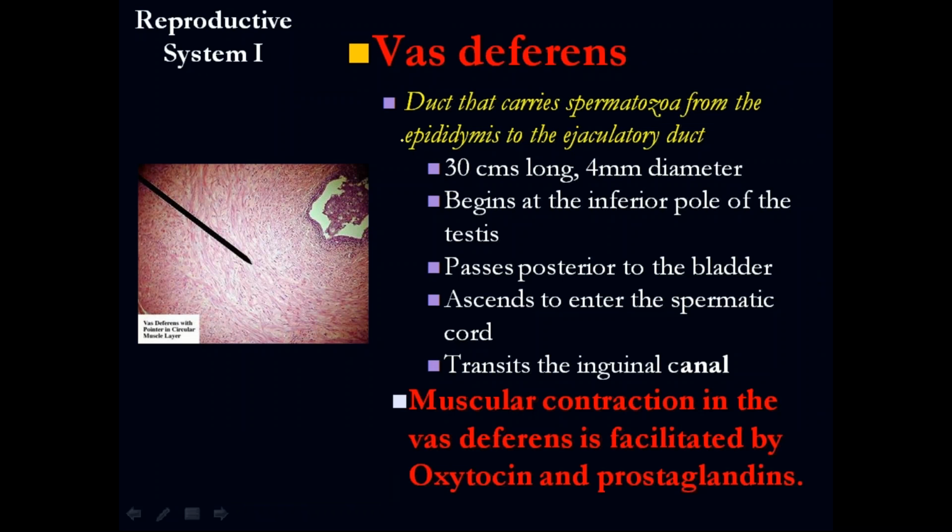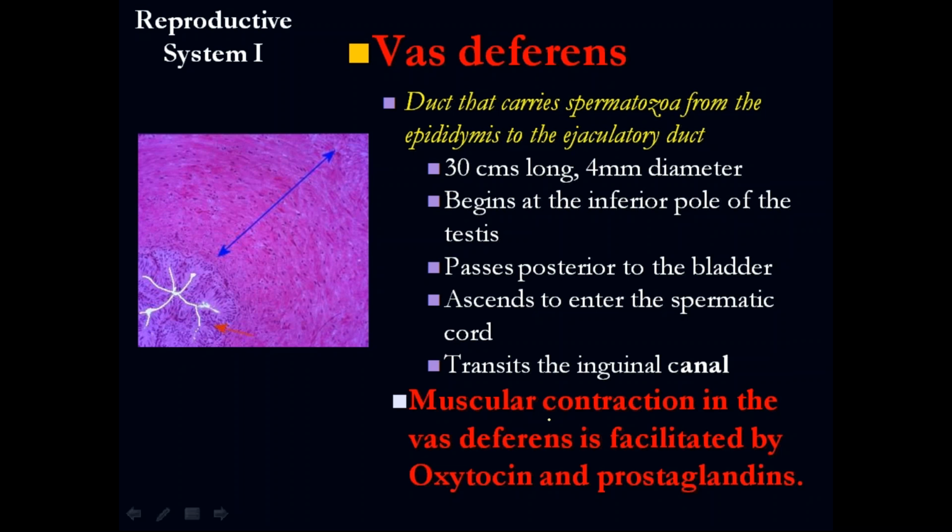The vas deferens are going to carry the spermatozoa from the epididymis to the ejaculatory duct, and this is something that is sometimes confusing about the ejaculatory duct, and something we already mentioned. Muscular contraction in the vas deferens is facilitated by oxytocin and prostaglandins. Oxytocin, we know, is secreted by the posterior pituitary gland, and its function is contraction of the uterus in females and the ejection of milk.